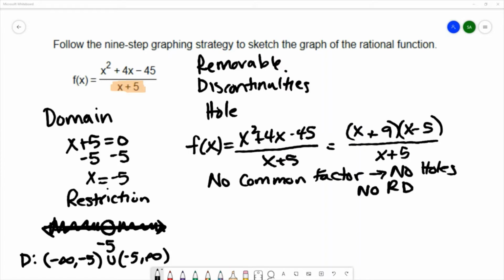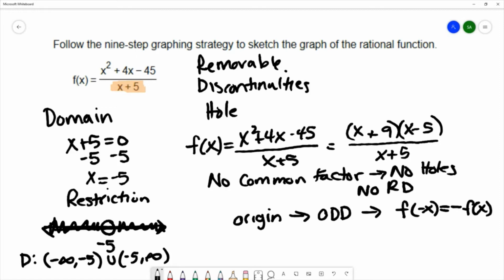So if we have origin symmetry, then that means that our function is an odd function, and it would follow the property that f of -x is equal to -f of x. If the function has y-axis symmetry, this is called an even function, and it would follow the property of f of -x equaling f of x.